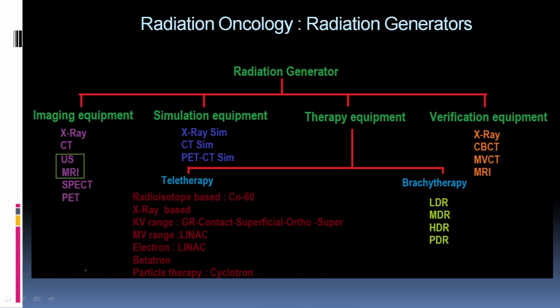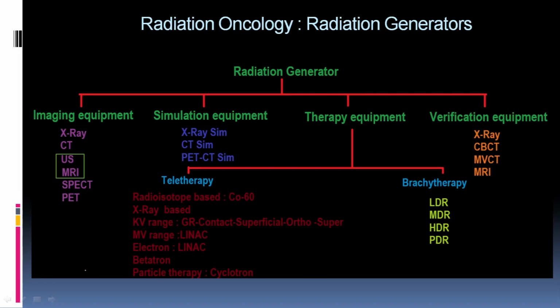The source is located at a distance from the patient's body. But in brachytherapy, we treat the patients in close proximity within the target volume, or sometimes we apply applicators, or sometimes we directly insert the radioactive isotopes into the target volumes of the patients, the volume which needs to be treated. And in teletherapy, there are various kinds of equipment used.